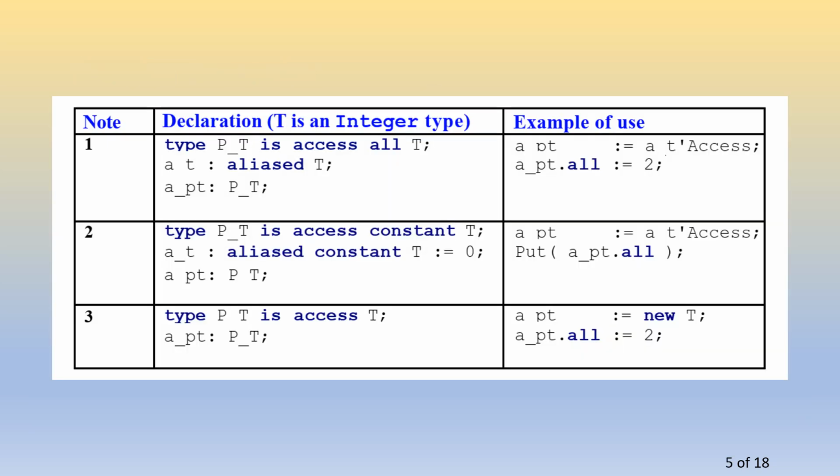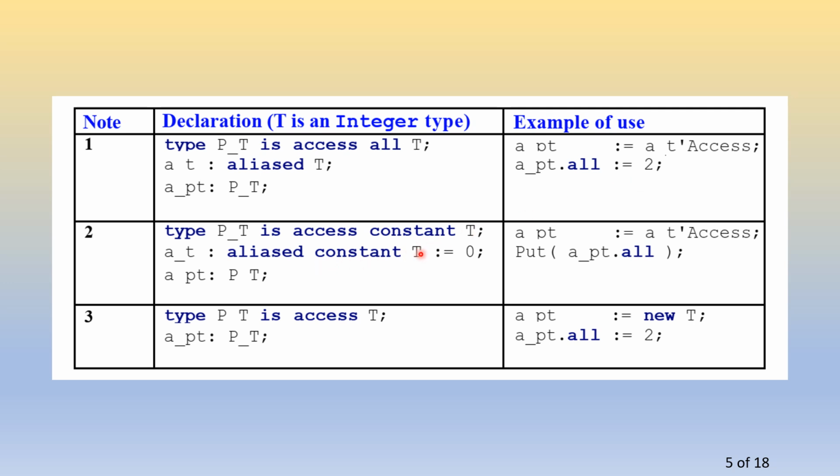Now we have to see three kinds: access all, access, and access constant. I have given a table showing how we declare and how we use them. Like you see, for access all, you have to declare access all T, an aliased variable, and also the pointer declaration. Usage is you have to use 'access for A of T and A_pt, and for assignment you use A_pt.all.